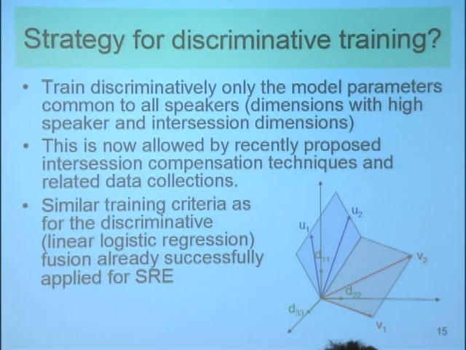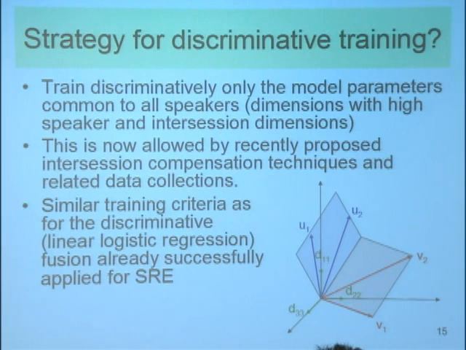And as I said, this is allowed just by the recent data collection and recently introduced approaches for intersession compensation. Also, we have used discriminative training successfully before in speaker identification, and this is actually linear logistic regression used for fusion of systems. But there we are just discriminatively training some weights for different systems.